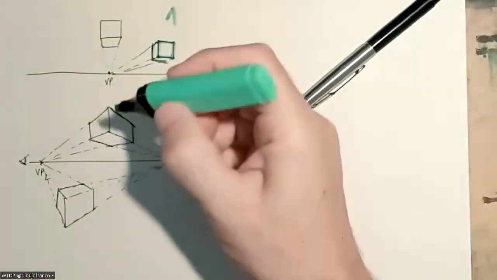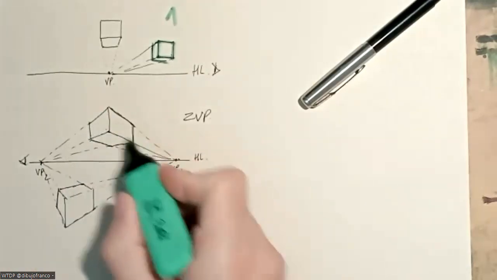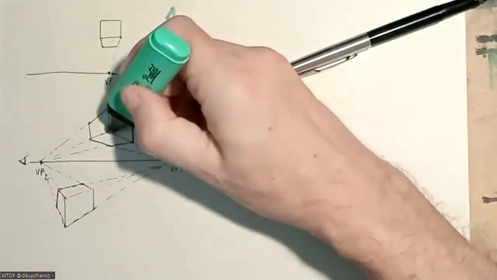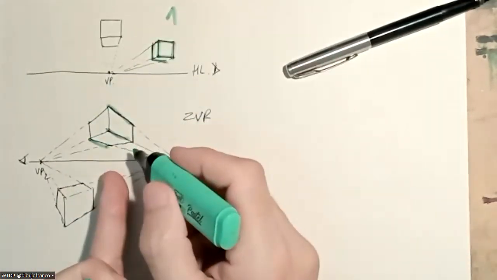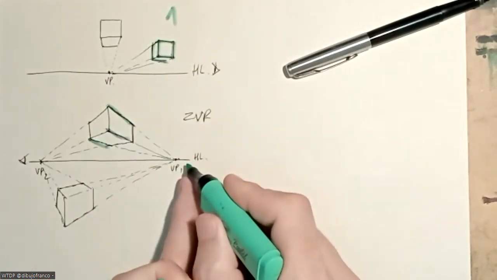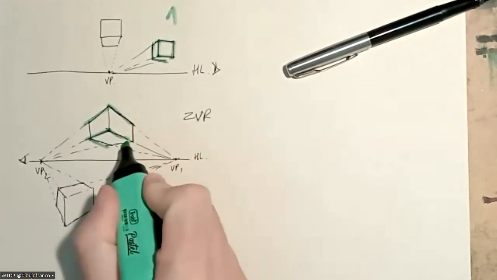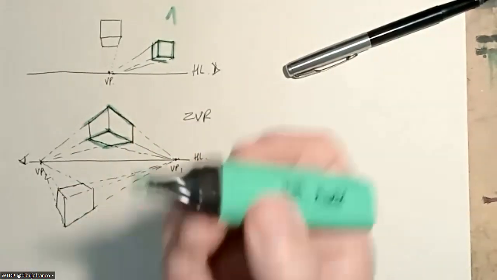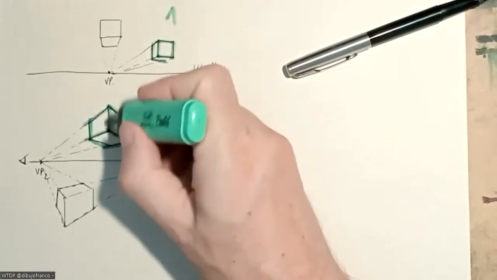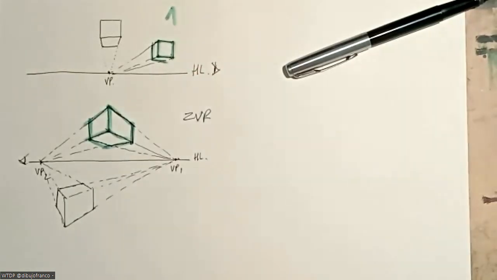2 point perspective, and in this case we have all these lines closing. This one and this one are not parallel. They are closing to this vanishing point. This other set are closing to this other vanishing point, so they are not parallel. The only parallel lines are these ones. Okay, they are parallel.